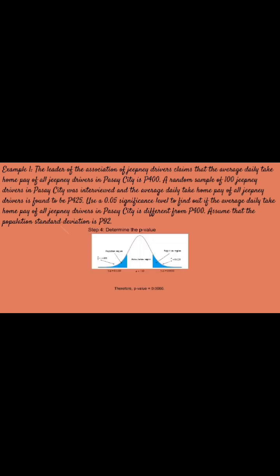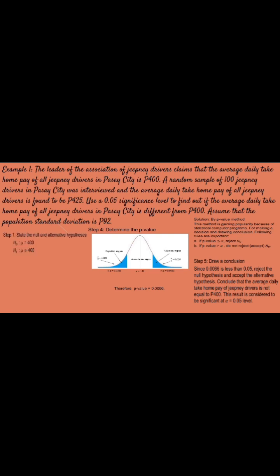Okay, step 1. We're going to state the null and alternative hypothesis. Since it is claimed that the average daily take-home pay of all jeepney drivers in Pasay City is 400, our null hypothesis is that the population mean is equal to 400. We want to find out if it is different from 400, so for the alternative hypothesis, we use the sign not equal to because of the word different.